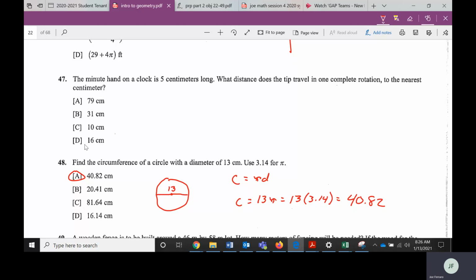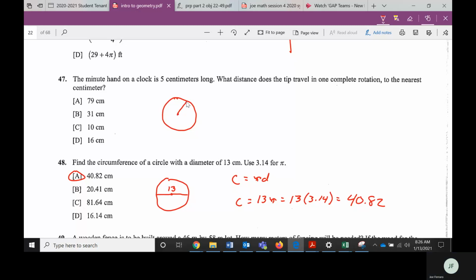It says the minute hand on a clock is 5 meters long. What distance does the tip travel in one complete rotation to the nearest centimeter? So a couple of things about what this means. You have a clock. It says the minute hand, which would start in the middle and go somewhere towards the outside, is 5 centimeters long.